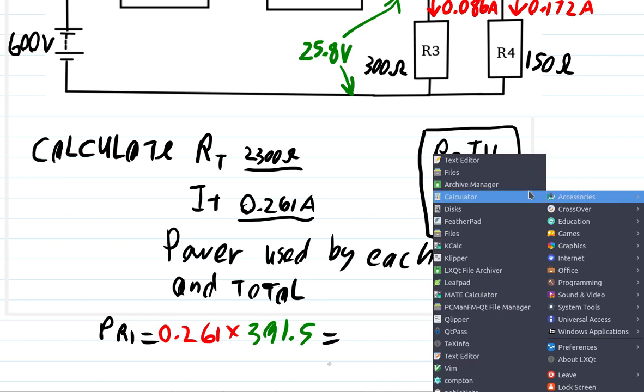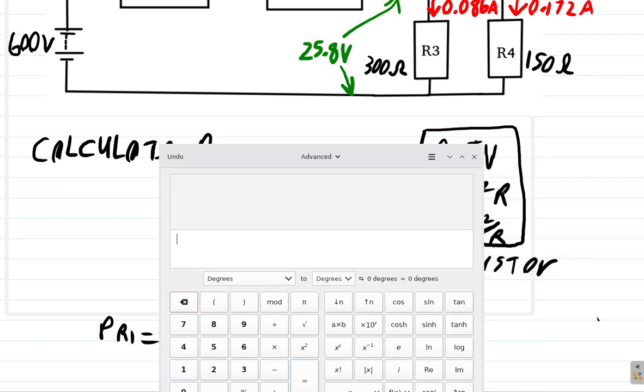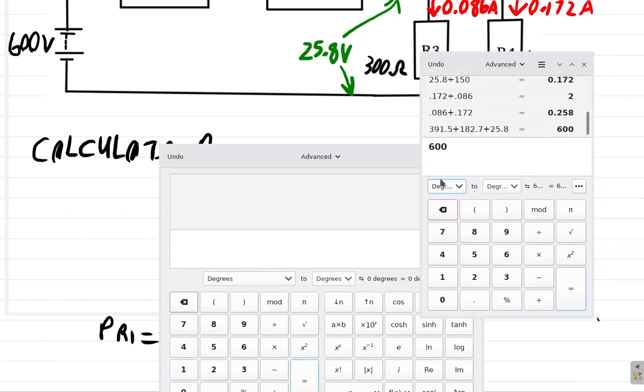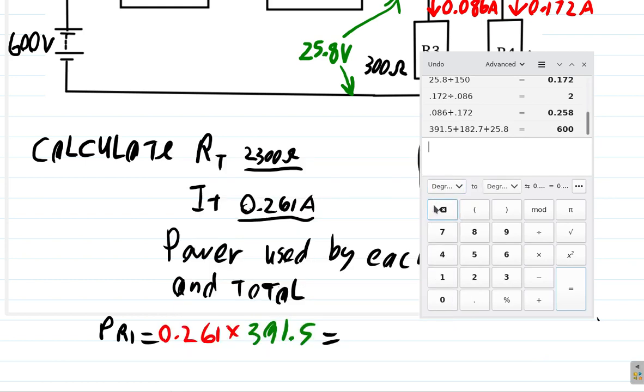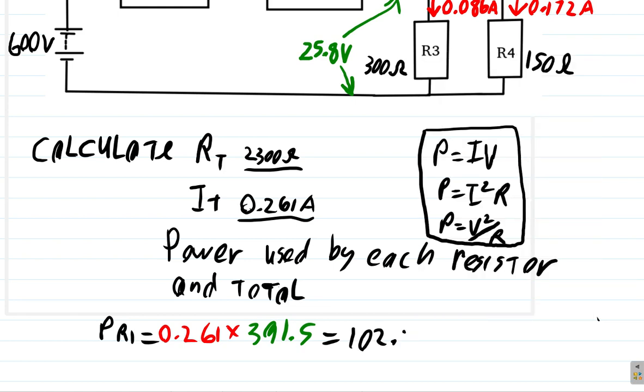Let's see, calculator. So 0.261 times 391.5 equals 102.2, let's put it to one decimal place, 102.2 watts.